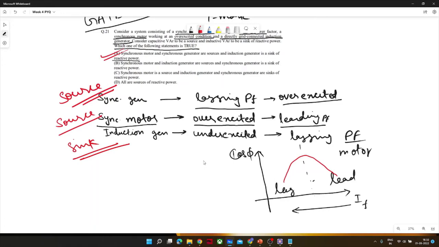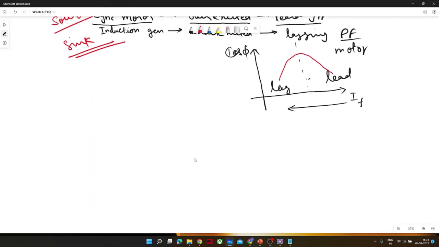Yeah, tell me please. Sir, if power factor is lagging, it means the armature terminals have to supply more reactive power for motor. So it will work as overexcited.